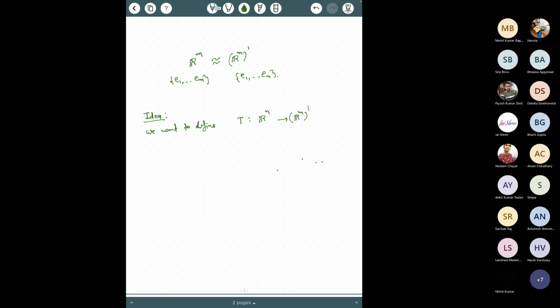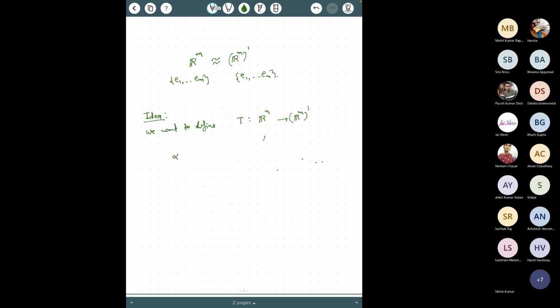Okay, so here we have m-tuple vectors, and here we have functionals defined on Rn. So we have to relate the vectors here with the functionals. So what we can do is, let's say I take any vector alpha.